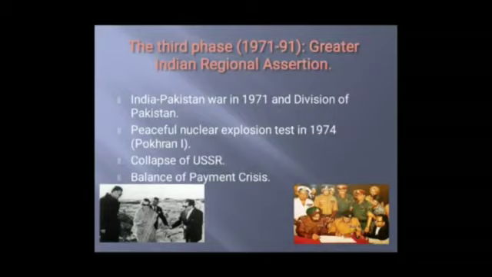India also faced sanctions from the USA and its allies after conducting a peaceful nuclear explosion test in 1974, Pokhran 1. And then further, the collapse of USSR, India's close ally. The economic crisis in 1991 compelled India to look again at the first principles of both domestic and foreign policy.